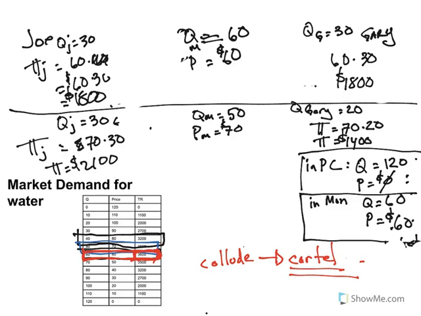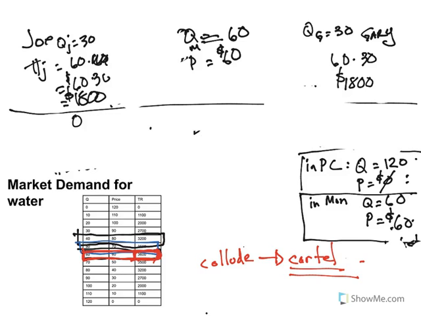So what happens? Joe looks at Gary. Gary looks at Joe. Joe says, okay, well, maybe he's going to stick to making 30. What happens if I up my quantity? So Joe chooses 40. Gary chooses 30 still.